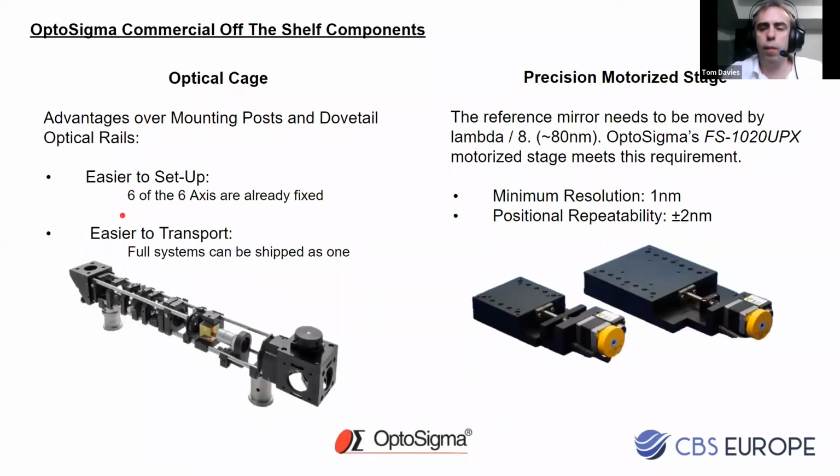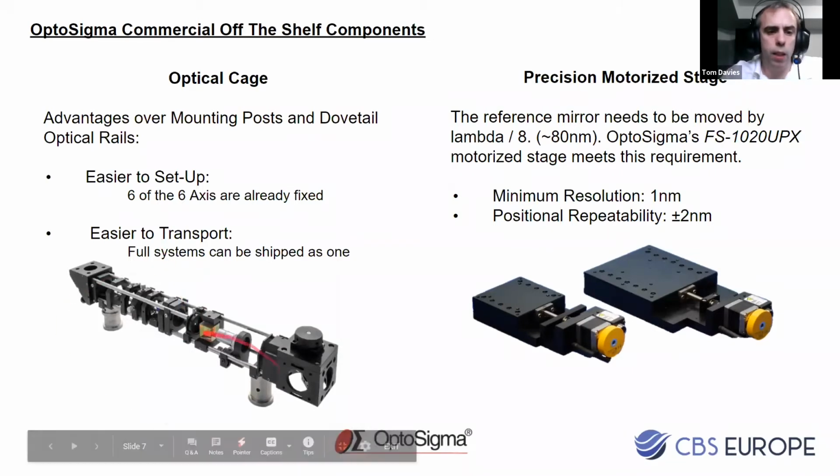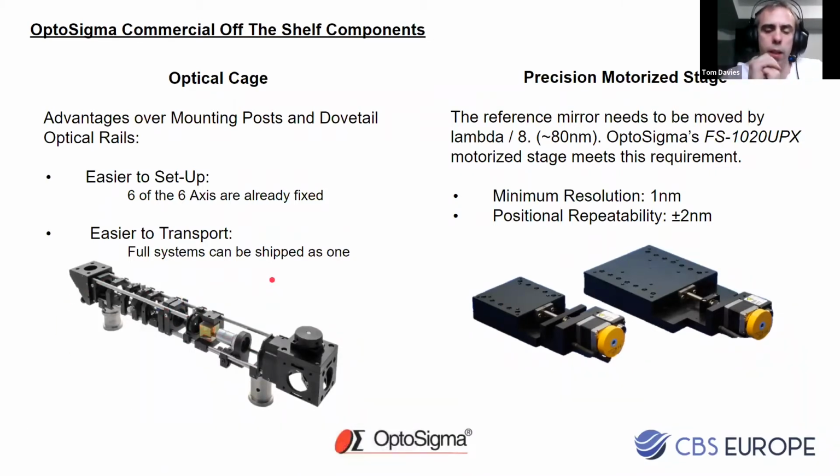Just very briefly, this model is created with a variety of different parts, but two things worth highlighting are the optical cage, which just makes it easy to plug and play, and can be added in as a single CAD file, making it very simple to virtual prototype. And then also, this is a phase shifting interferometer where we need to shift the reference mirror by steps of 1/8 of a wavelength.